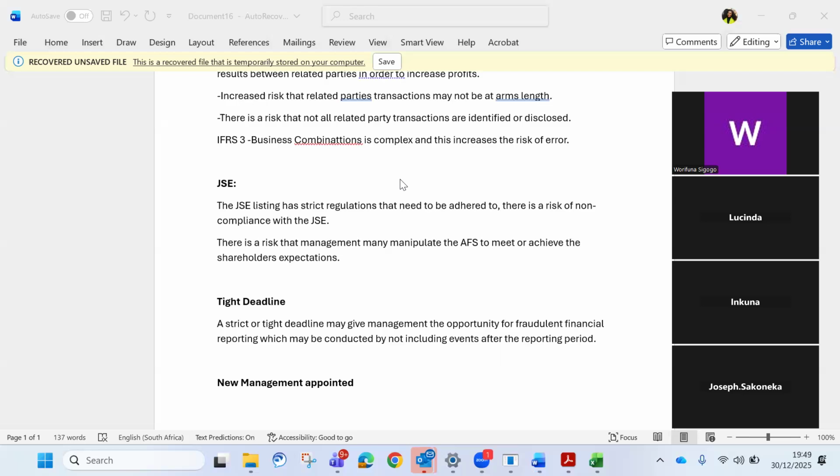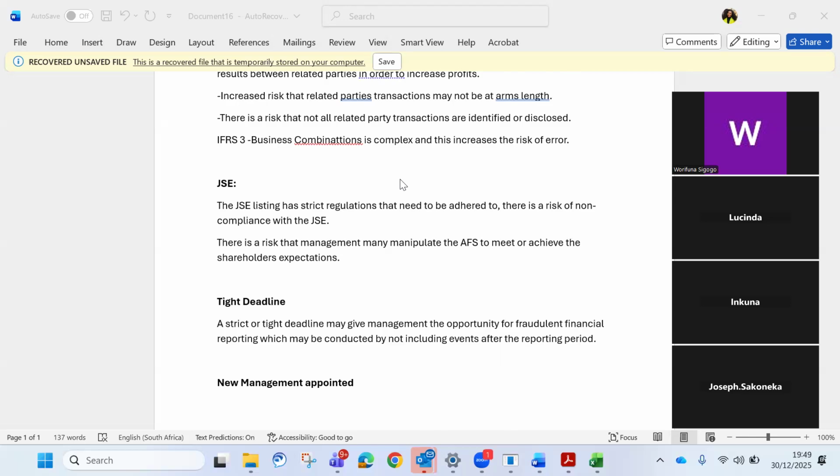On your note, you stated that due to being a group, there's an expectation from shareholders, from subsidiaries to report a favorable performance. Yes, so this was a very specific question on the subsidiary. The main company, or the parent company, was listed on a different exchange, the New York Stock Exchange, and then the subsidiary was listed there.